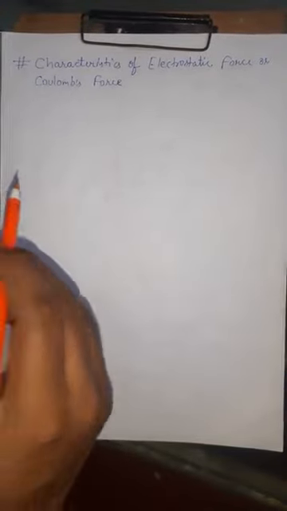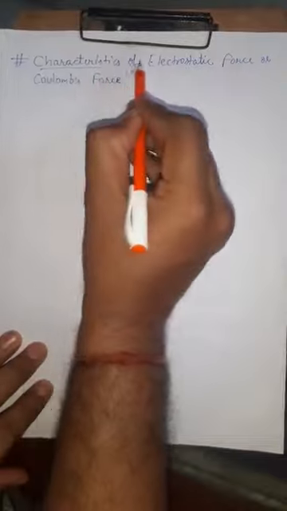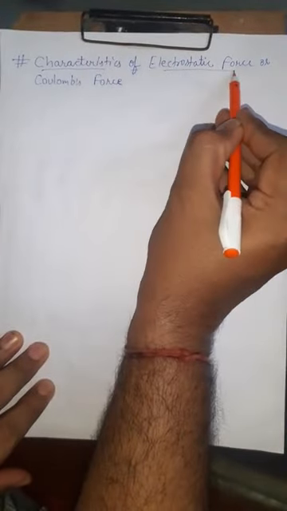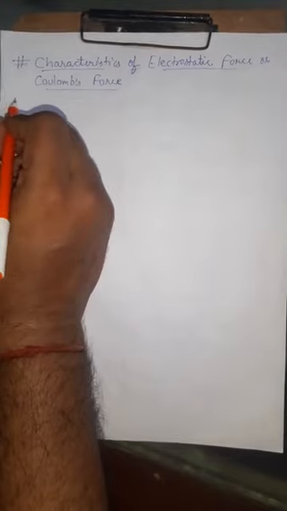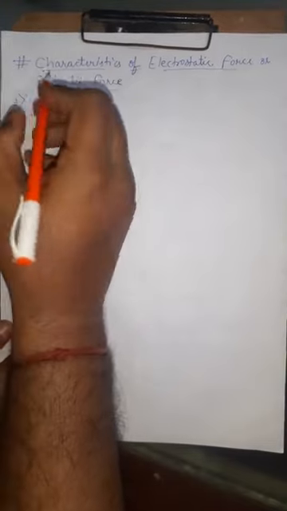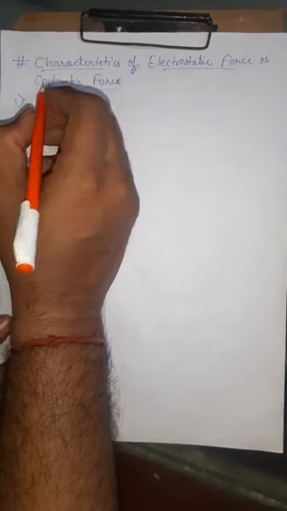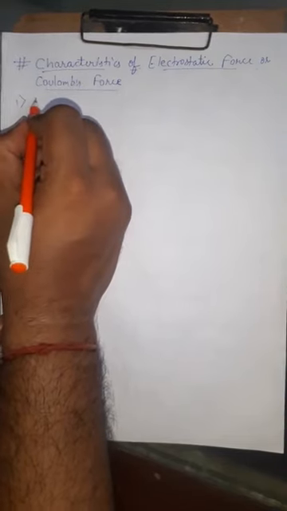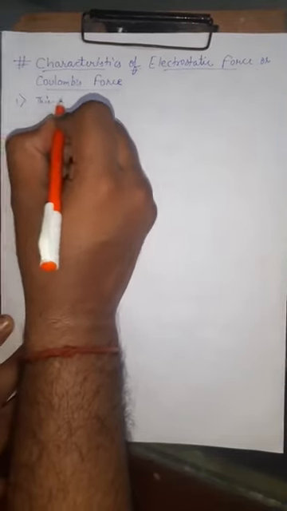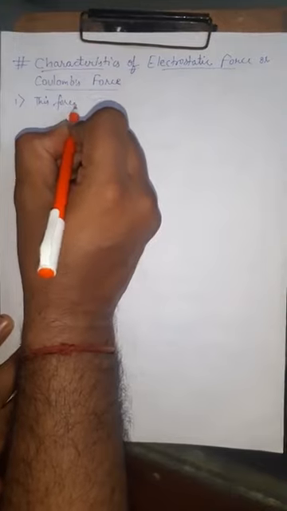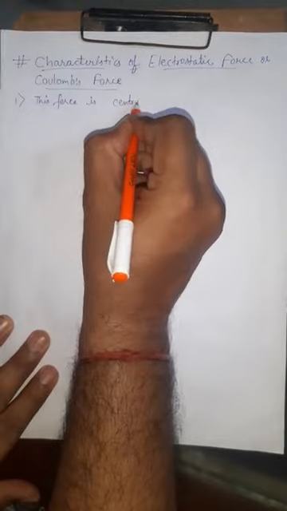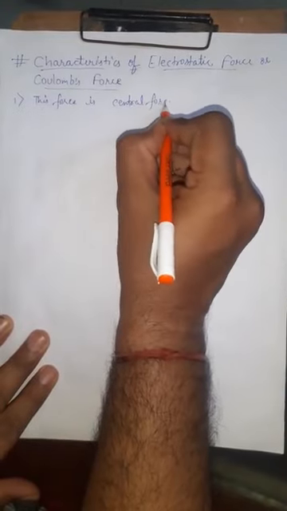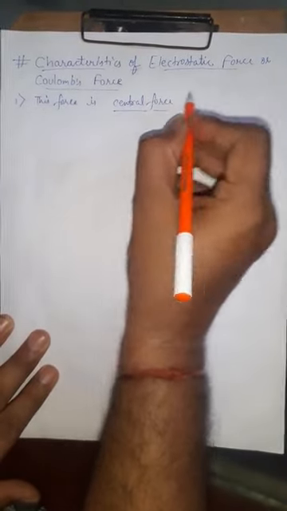We will discuss some of the characteristics of electrostatic force or Coulomb force. What are the characteristics of this force? Number one, this force is a central force. Now this term central force, what does that mean?